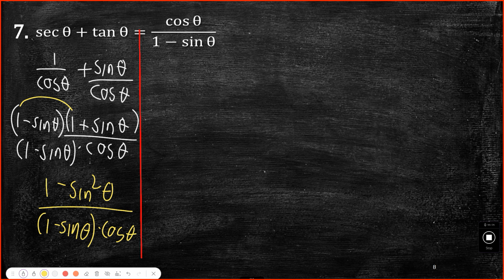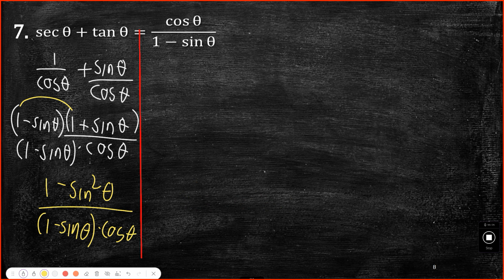What's the fundamental trig identity that we say? Sine squared theta plus what? Equals to. So what do we have? 1 minus sine squared theta, move it over. So what is it going to be? Cosine squared theta. We'll put cosine squared theta there. It's going to cancel with the bottom and we're done.